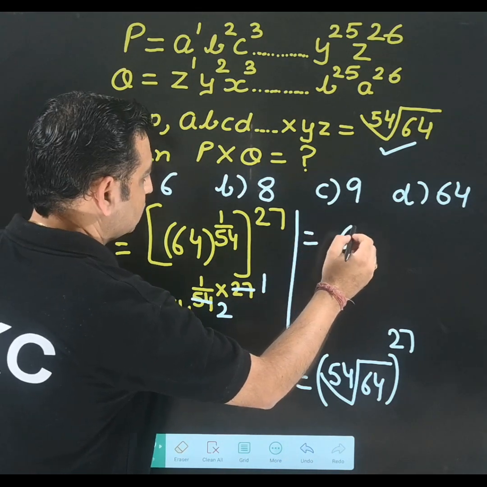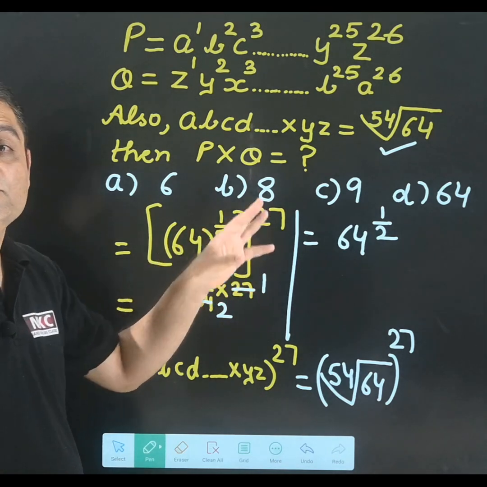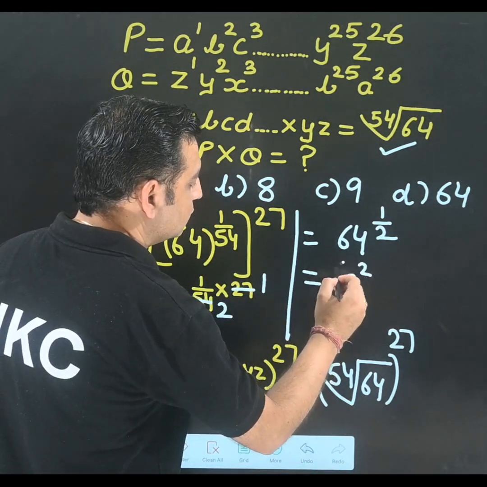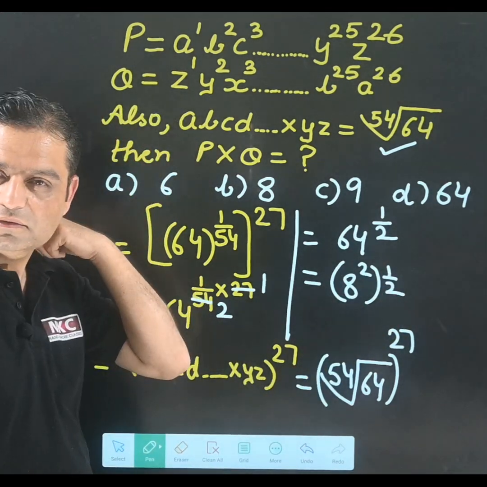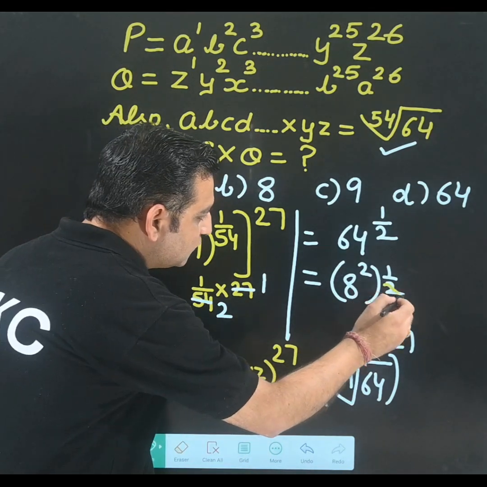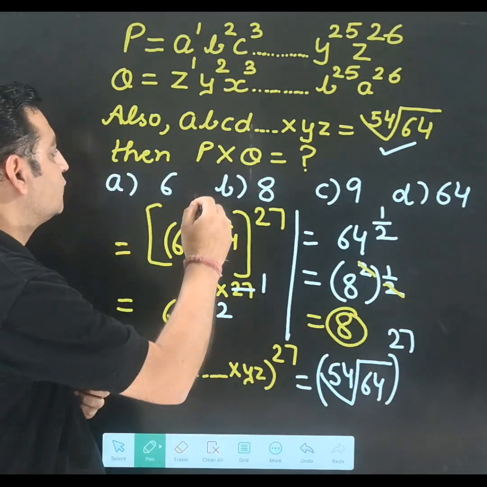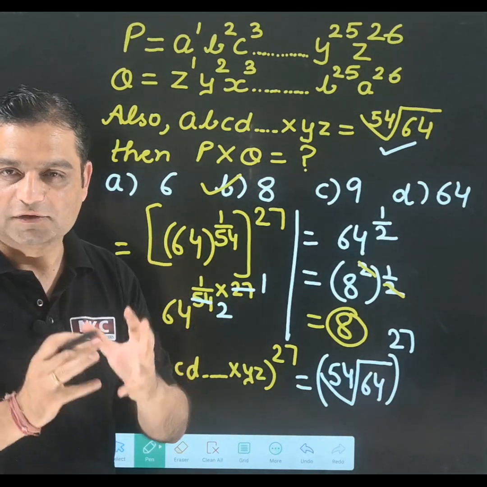We are getting 64 to the power 1 over 2. Now 64 to the power 1 over 2 is 8 squared, then power 1 over 2. 8 squared is 64. Now this 2 and 2 cancel and we will get only 8. That means the answer of this question is option B. 8 is the final answer.